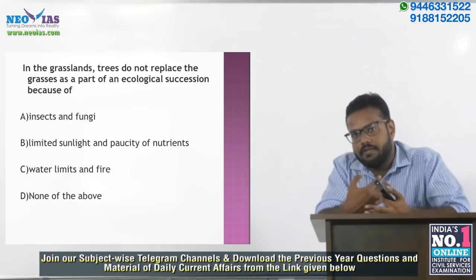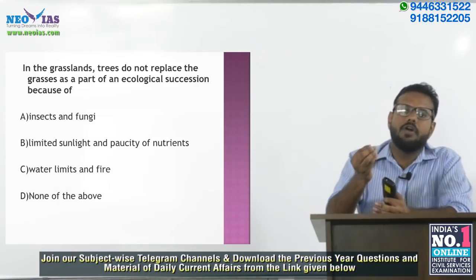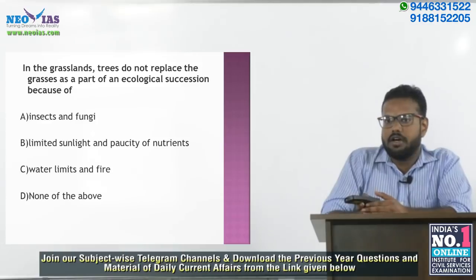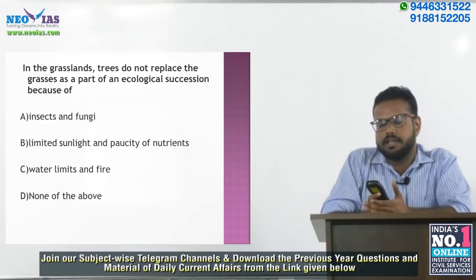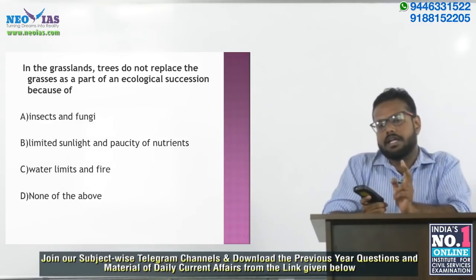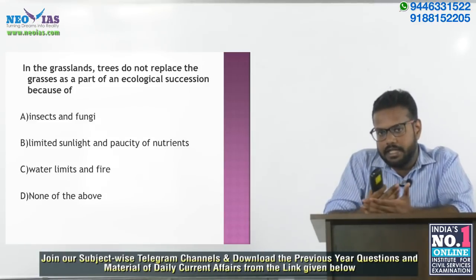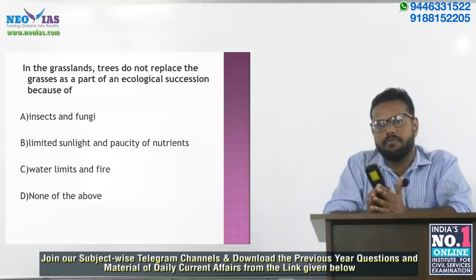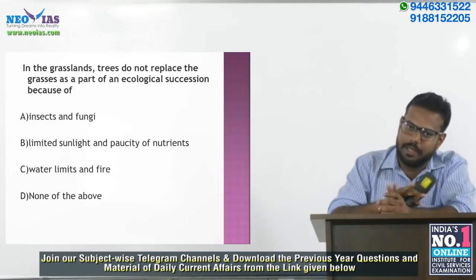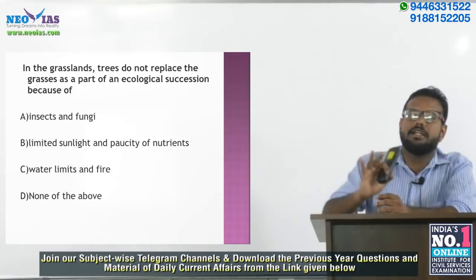Also the grassland develops in regions where rainfall is very low. I already told you the answer is water limits and fire, and we are connecting this water limit with the grassland, and also the fire.